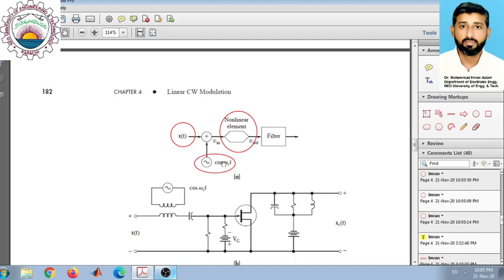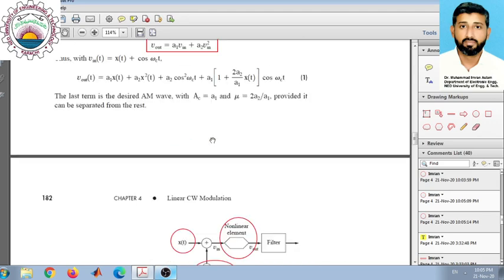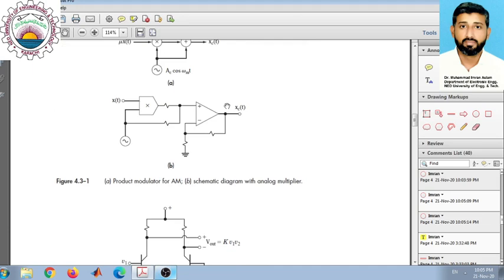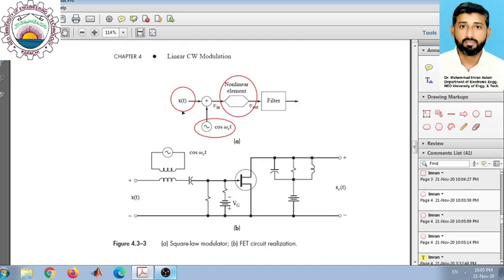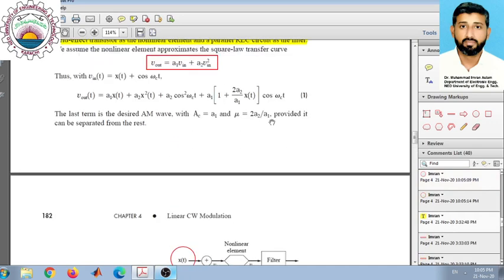We also have a message signal, and we pass both through an adder, which can be implemented using an op-amp, as I discussed before, since the op-amp performs the operation of addition. So this input voltage V in will be equal to x(t) plus cos omega ct.